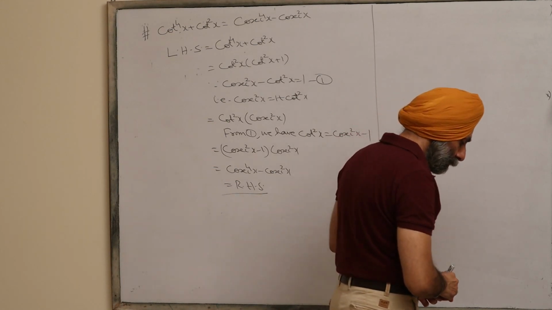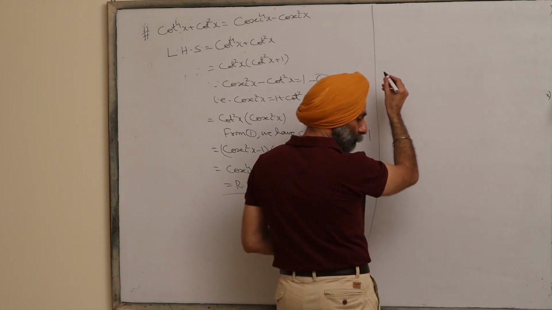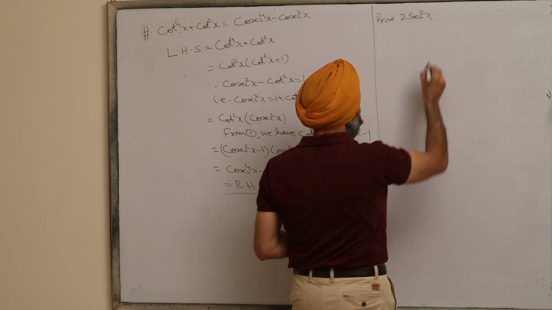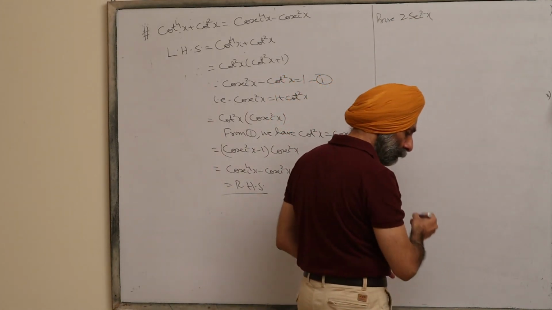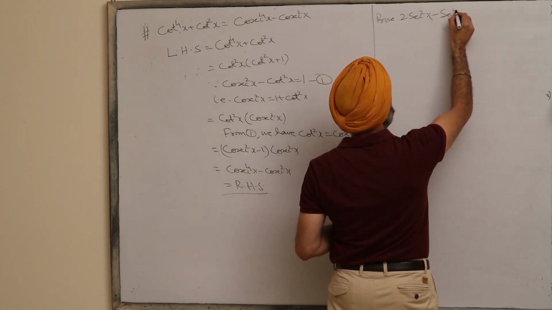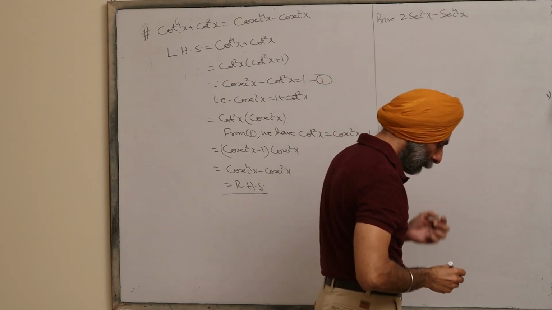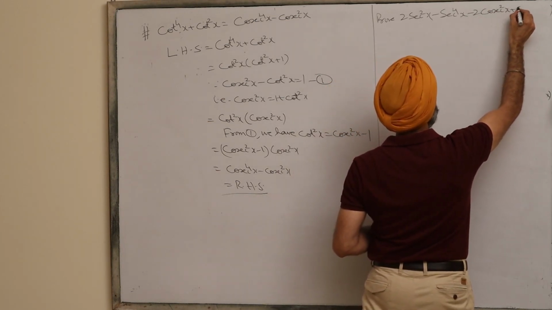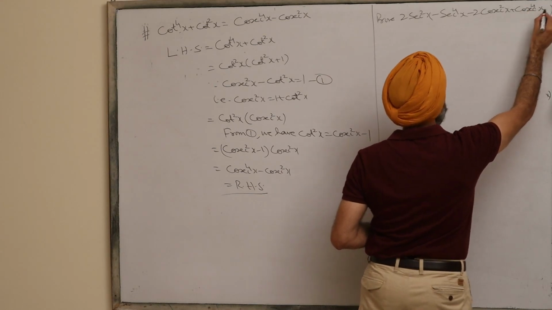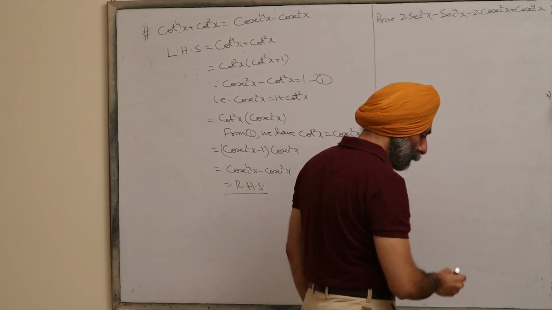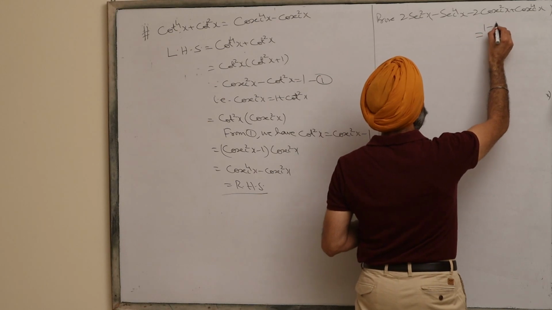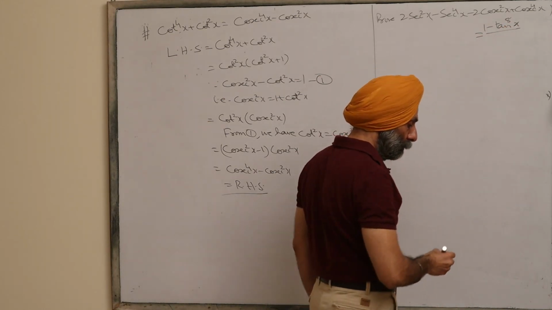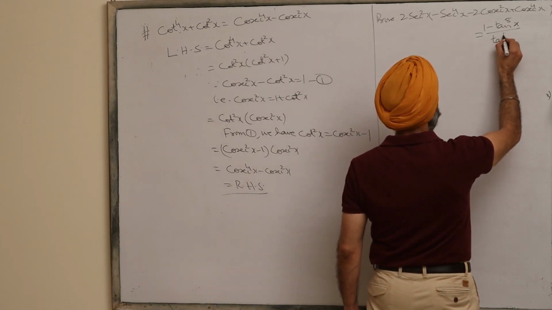Now the next one is we have to prove that 2 times secant square x minus secant 4x minus 2 times cosecant square x plus cosecant 4x is equal to 1 minus tan raised to power 8x upon tan 4x.